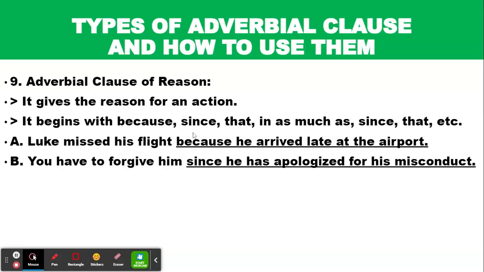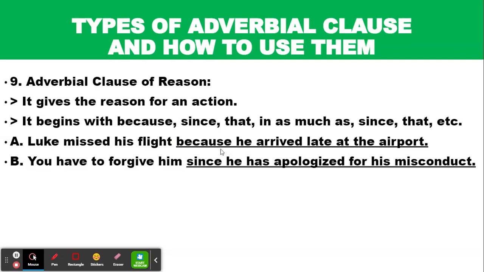And again, we can change the subordinating conjunction. We can use because in place of since, and we can also replace because with since. Let's try the first one. Luke missed his flight since he arrived late at the airport.